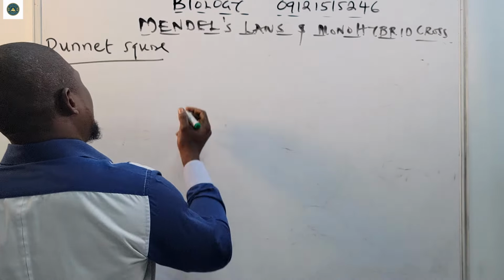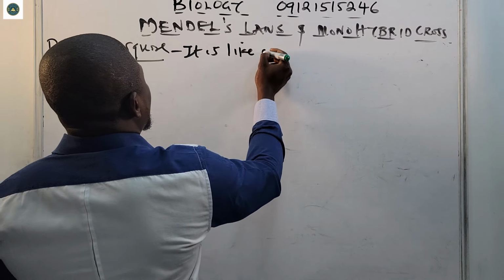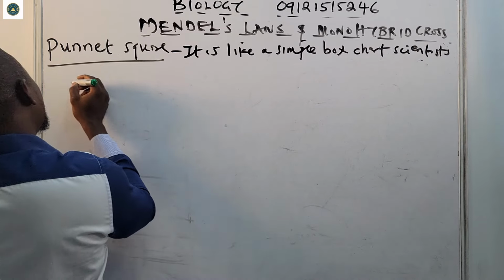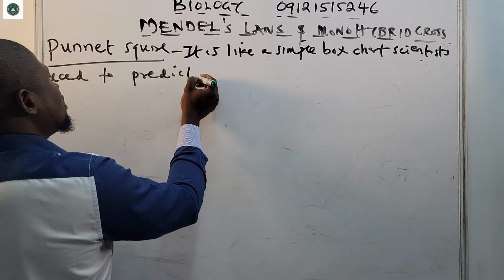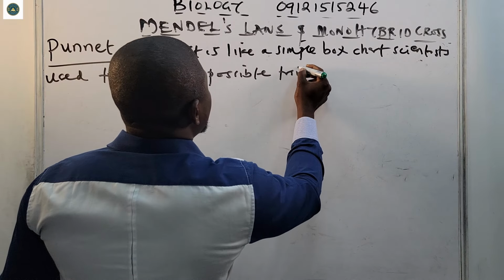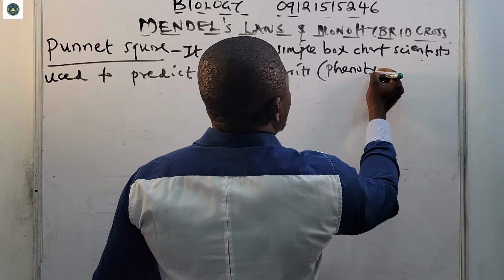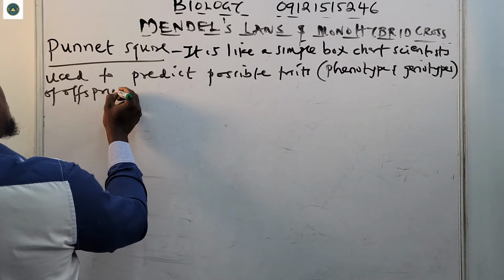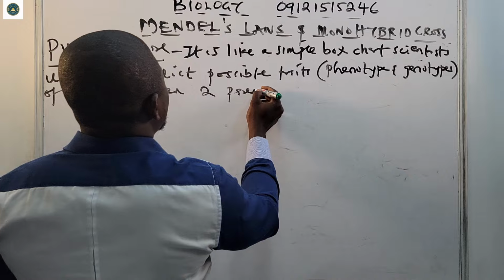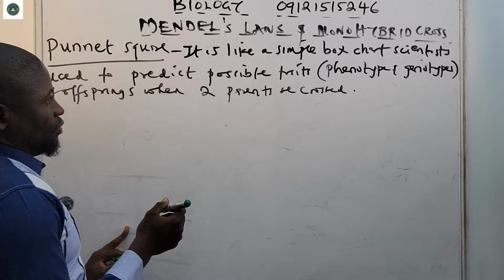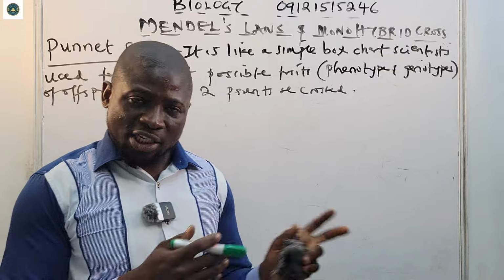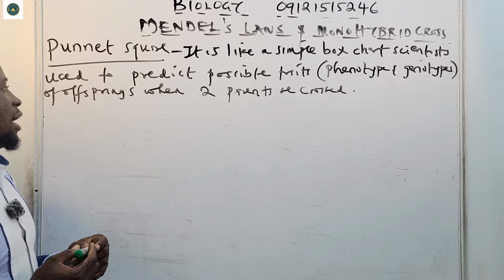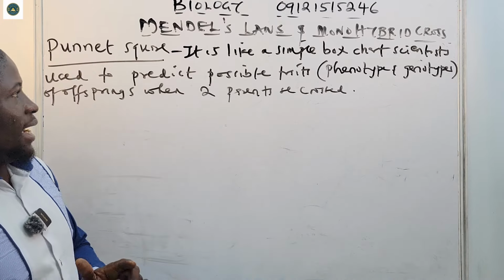Okay, so we can say a Punnett Square is a simple box chart scientists use to predict possible traits, that is your phenotype and genotypes, of offspring when two parents are crossed, all right? That is the Punnett Square.